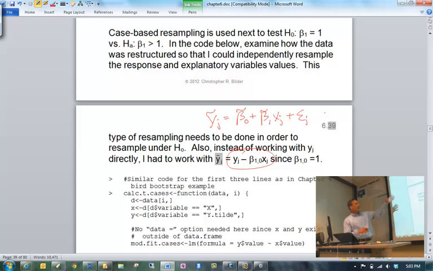Now, essentially, I have this modified y, and there's my modified model, and I could do a hypothesis test for whether beta 1 tilde is equal to 0 or not. And in that case, we know how to take our resamples. We independently resample from the y tildes, independently resample from the x's, and put them together. That's what we do.